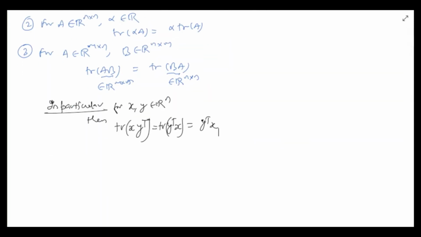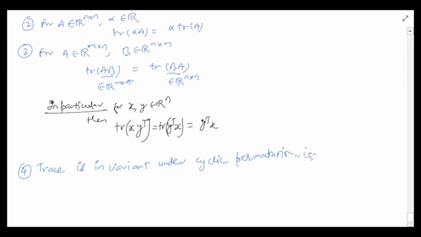Okay. The fourth property says that trace is invariant under cyclic permutation. What does it mean?